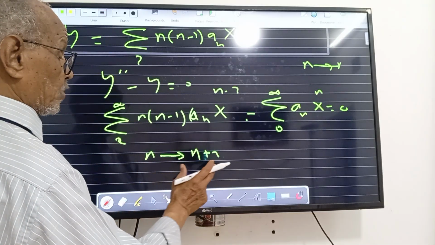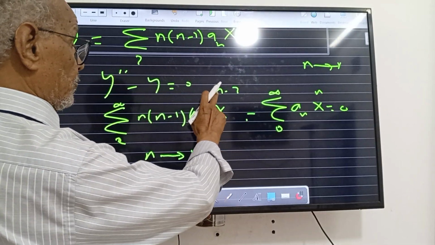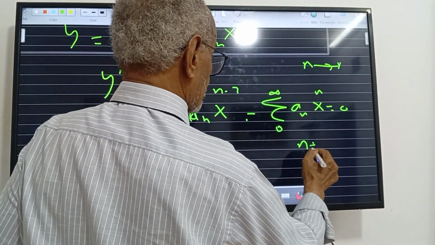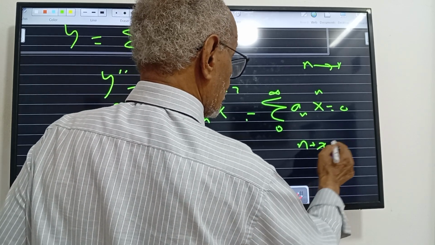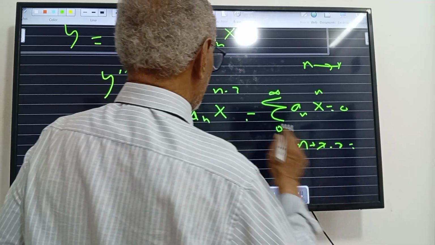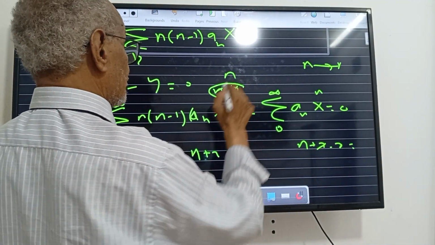Instead of n, you have to replace it by n plus 2. So if you put here n plus 2 minus 2, the plus 2 and minus 2 cancel each other, so this will be n. So this power will be n.